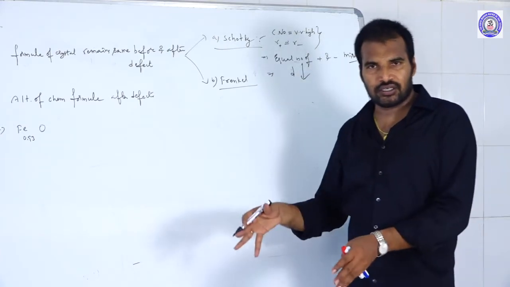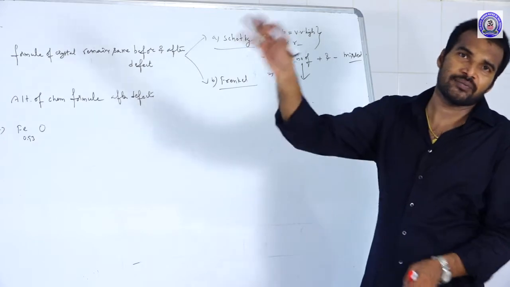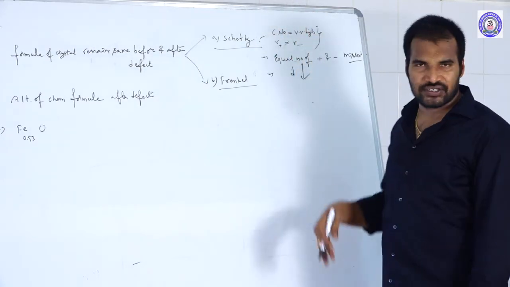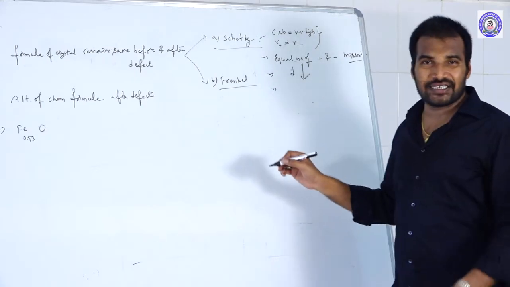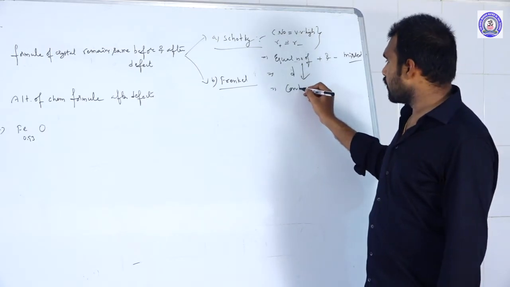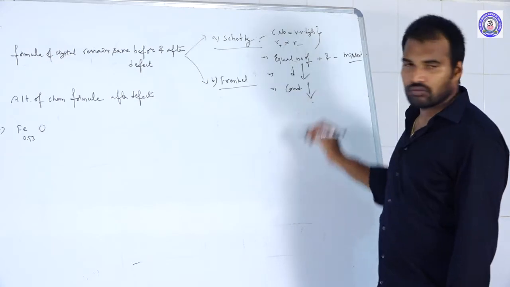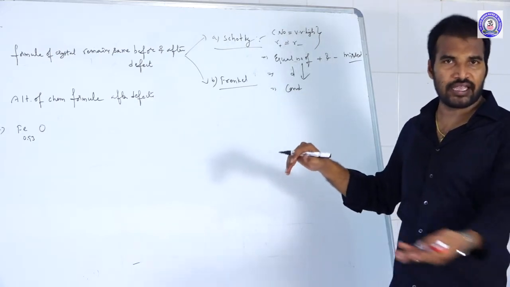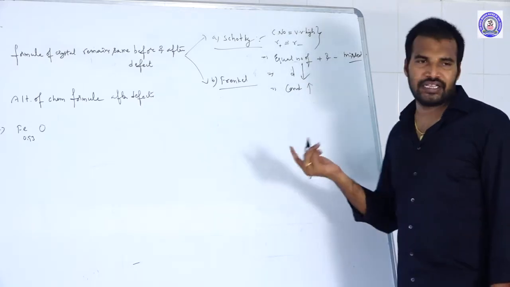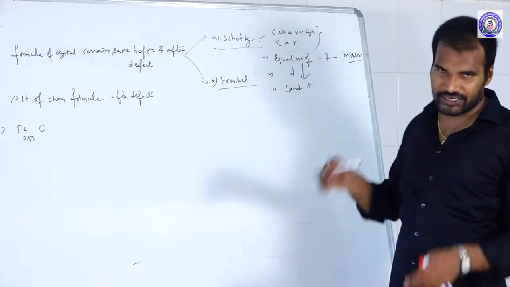Why? Because some number of cations and anions are completely missing. What about the conductivity? Sorry, because of the formation of holes, conductivity will increase. So this is about Schottky defects.